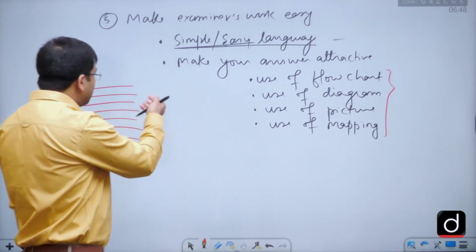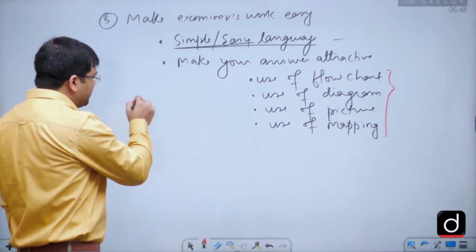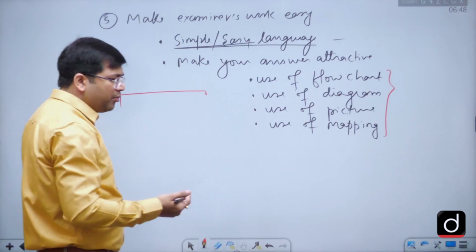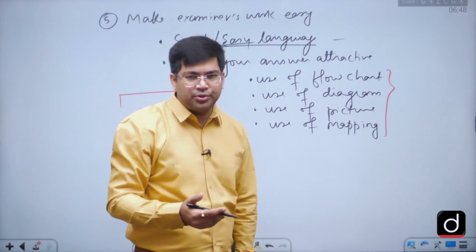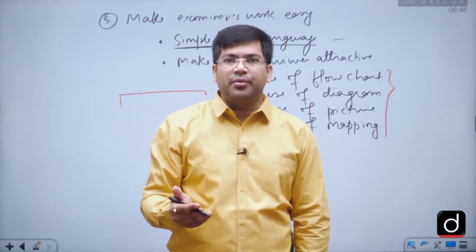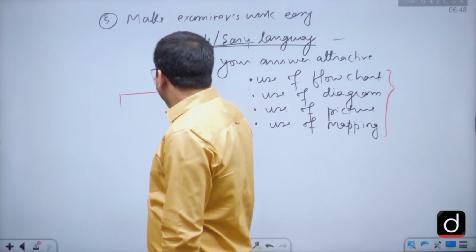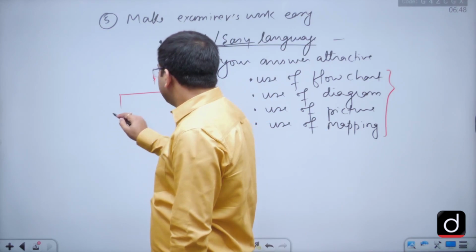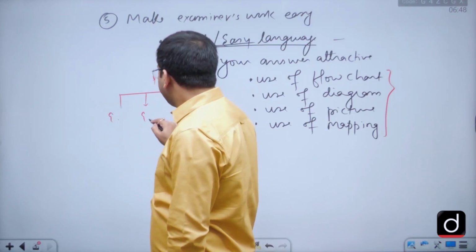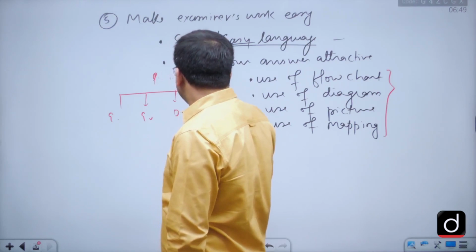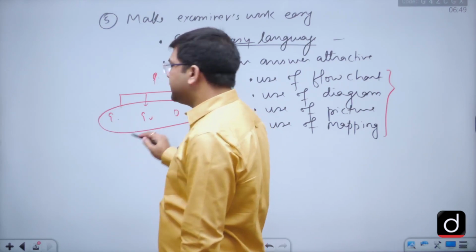So wherever possible, just make a flowchart like this. Suppose they have asked what are the problems in Himalayas. So write here problems in Himalayas: ecological problem, economical problem, developmental problem, aesthetic problems, right? These many problems are there.